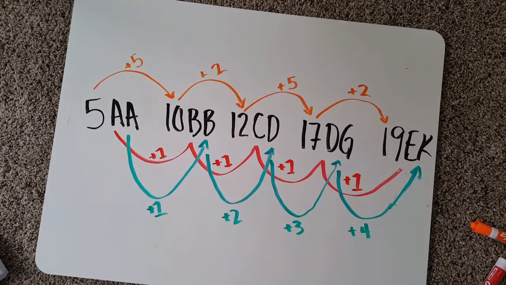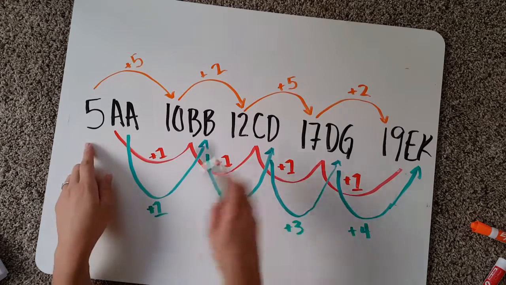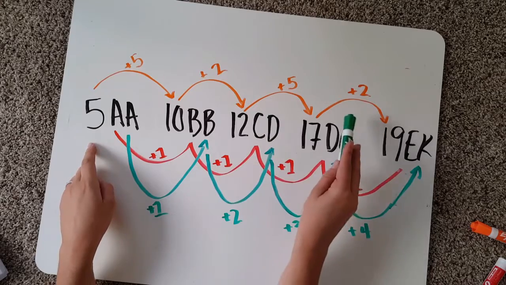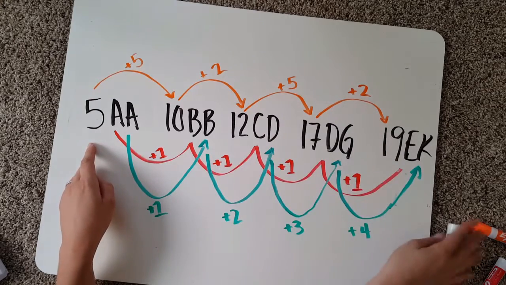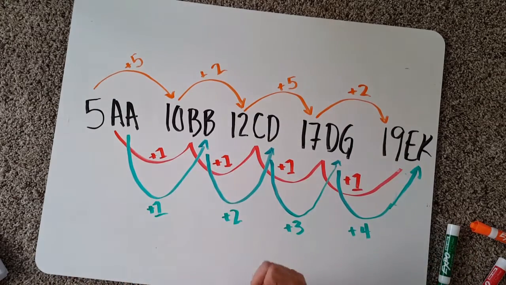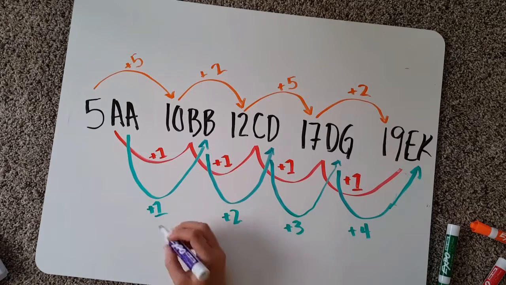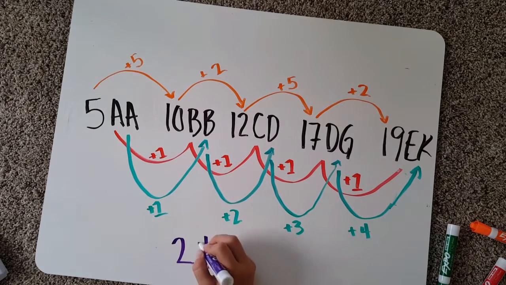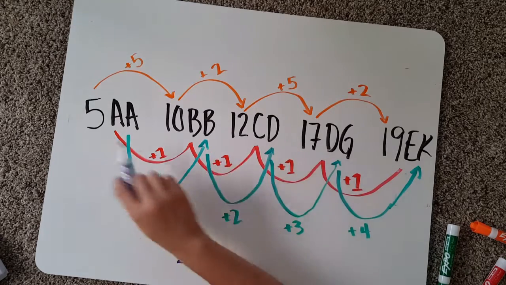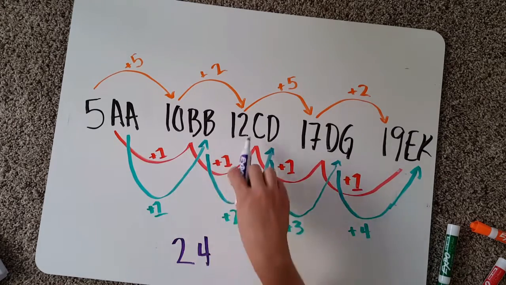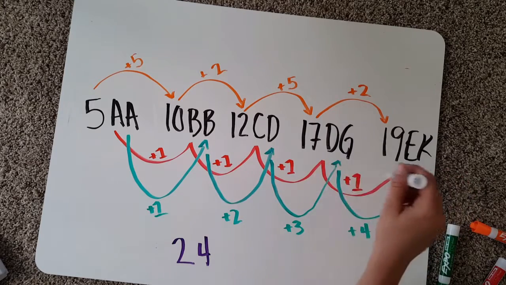So let's take all these patterns and try to construct what it would end up being. So 5, 2, 5, 2, the next number we would add would be 5, which means 19 plus 5 would be 24. And then if we go to the letter on the left, we can see it just increases by 1 steadily.